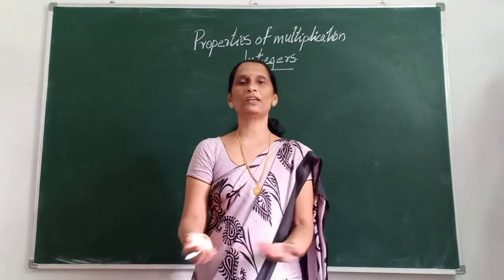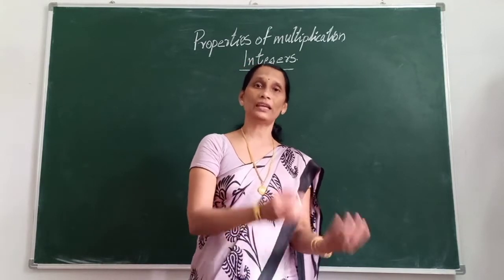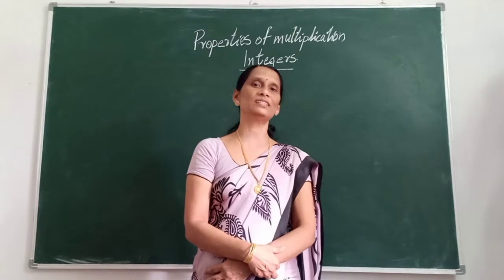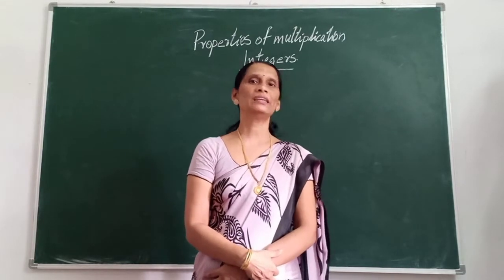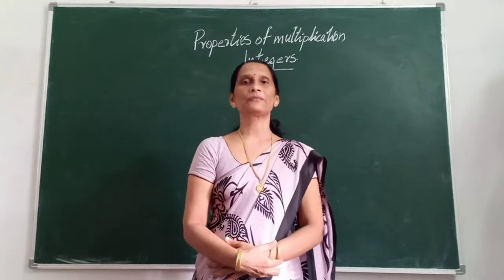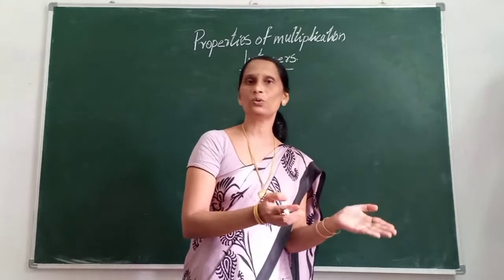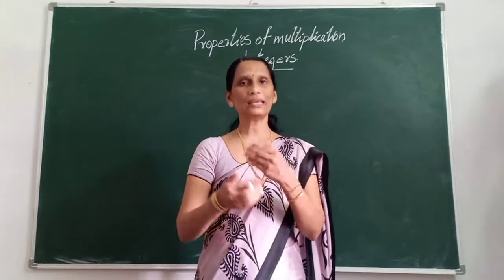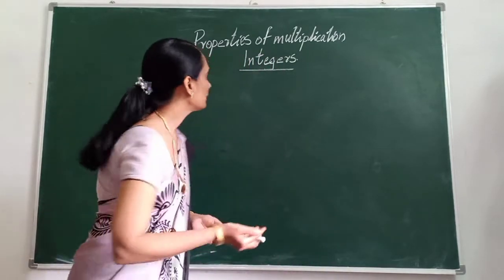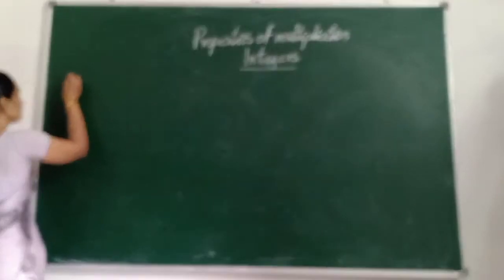Like that, positive integer into positive integer is also a positive integer. And a negative integer into a positive integer gives a negative integer. We know that in integers there are positive numbers, 0 and also negative numbers. Let us go on discussing the properties of the integers under multiplication.